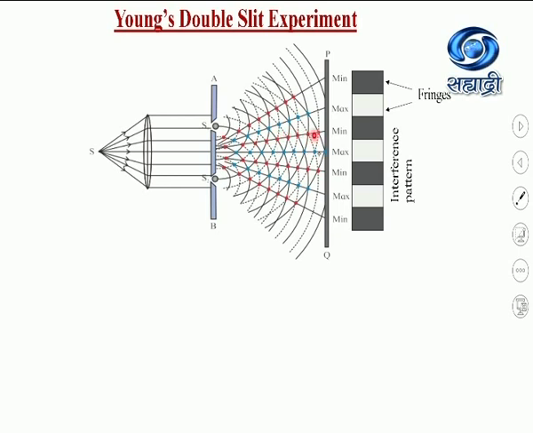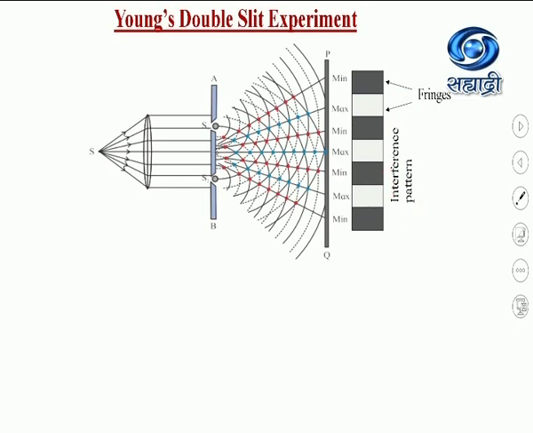So this is how we get different bright and dark regions on the screen, which are shown here to the right of the observing screen PQ. These bright and dark regions are called fringes, and the pattern consisting of alternate bright and dark regions is called the interference pattern.